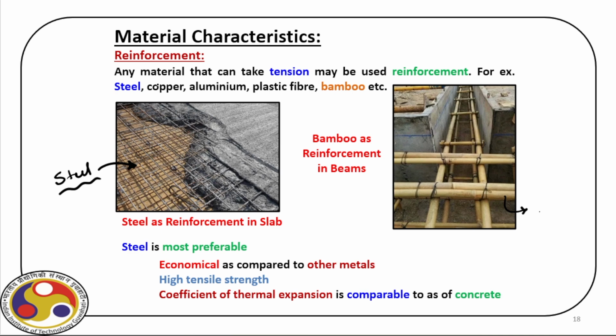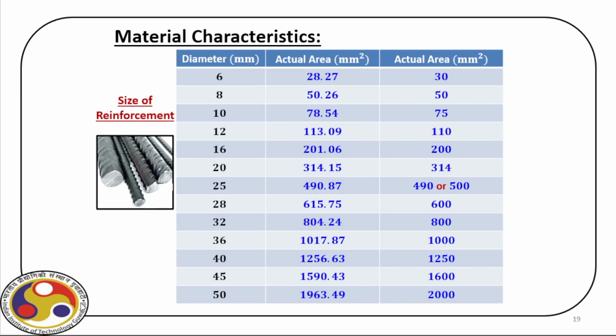The point to be noted here: any material which is strong in tension can be used as a reinforcement if that serves the purpose. However, in our entire study, we will only focus on steel and not the alternate materials, right? Now, when we talk about steels, we have different grades of steels.